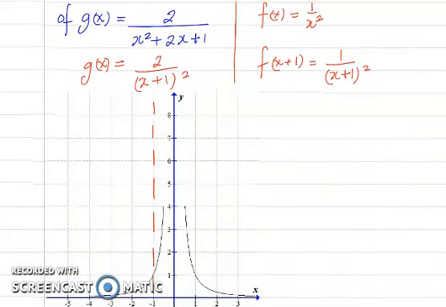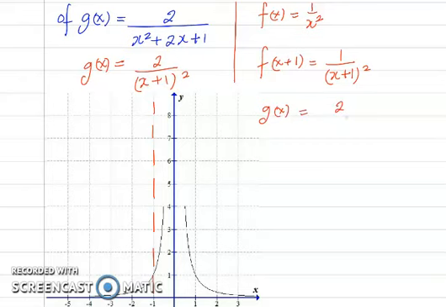So now the next thing is that g of x is going to be equal to 2 over x minus 1, plus 1 squared.